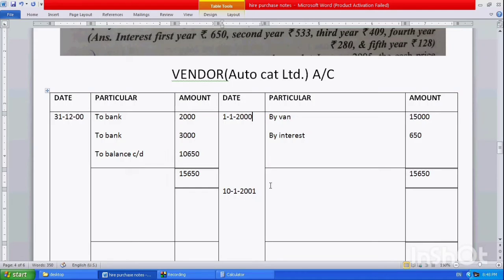This is not 10th January, actually it is 1st January 2001. By mistake it has happened, I'll correct it. By balance brought down. How much balance? 10,650.